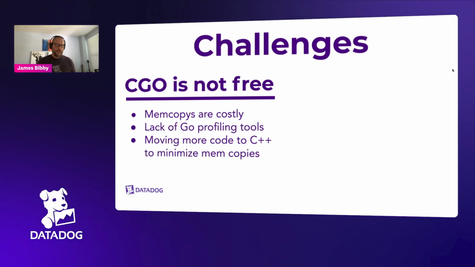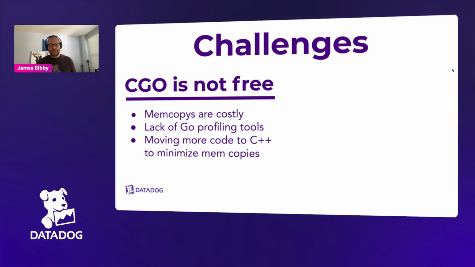And the other real challenge that we've had is that once you cross the CGO boundary, you lose a lot of the amazing tooling and profiling options that Go comes with, and is probably part of the reason that it's used so prolifically at Datadog. Things like inspecting memory and taking profiles, it all stops at that CGO boundary, and it's very difficult to get underneath there and see what's going on with RocksDB's memory usage.